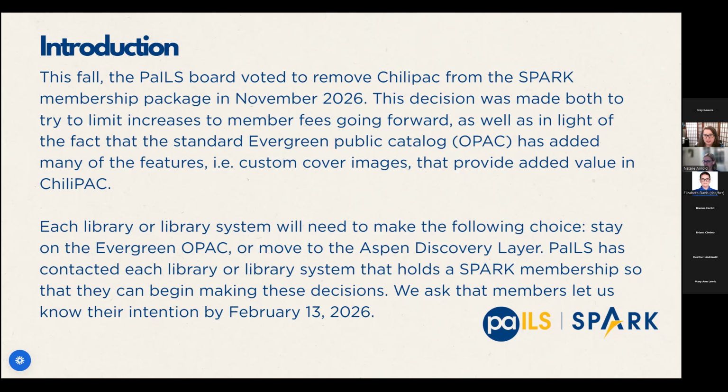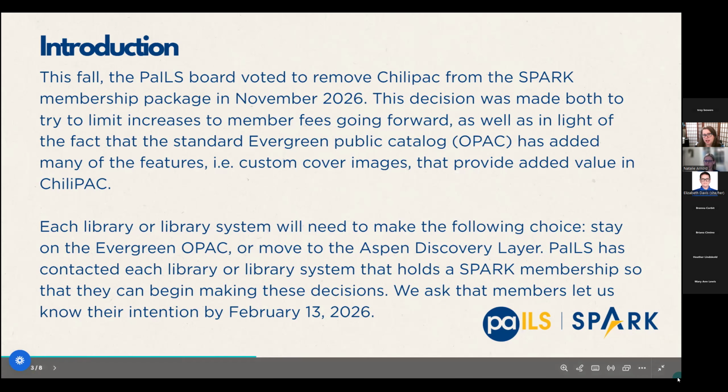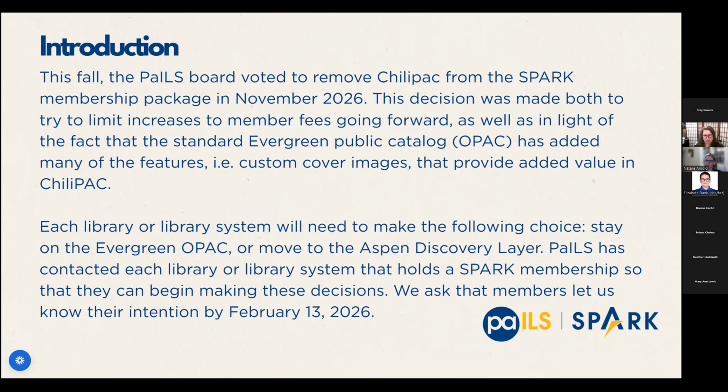So, Natalie is going to take us through some of the features and show us some of the things with the OPAC. But you're going to see it's really similar. When we contracted with Chili Pack in 2020 and then began using the service in 2021, there were a number of features, custom cover images, shareable book lists, the overall design and look that weren't available in the Evergreen OPAC.